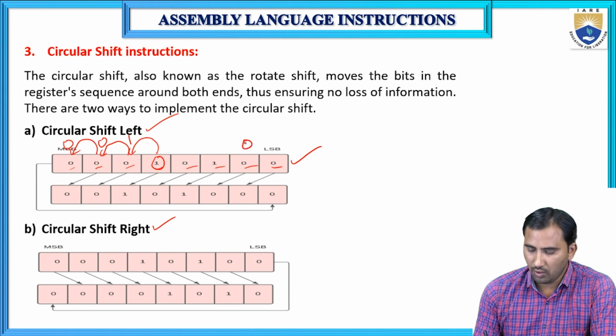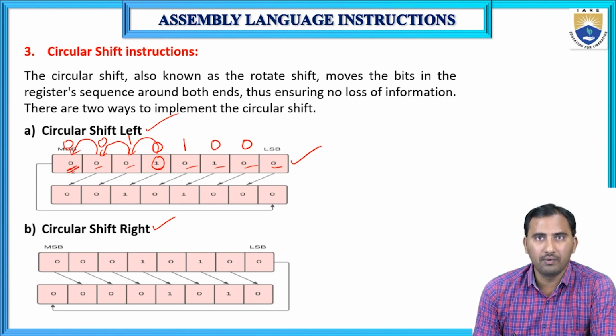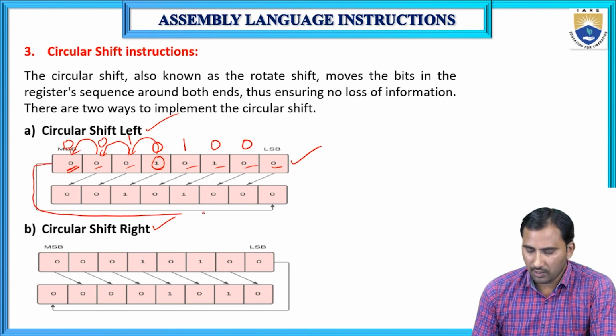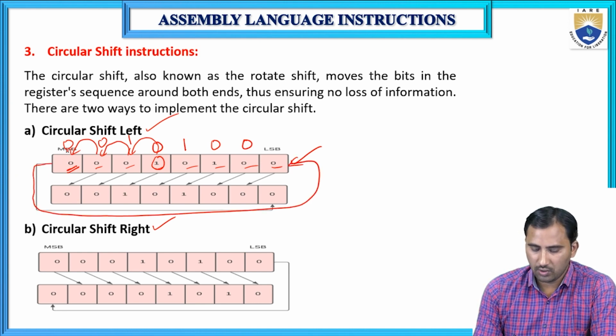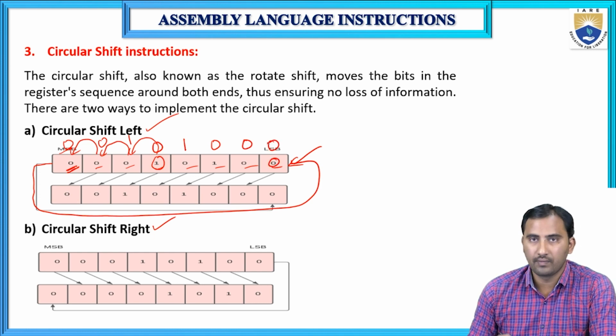Like that, 0, 0, 1, 0. Here the MSB bit will be pushed out of the register, and then it will be given to the other end. So this 0 comes to here. So that is a circular shift left.